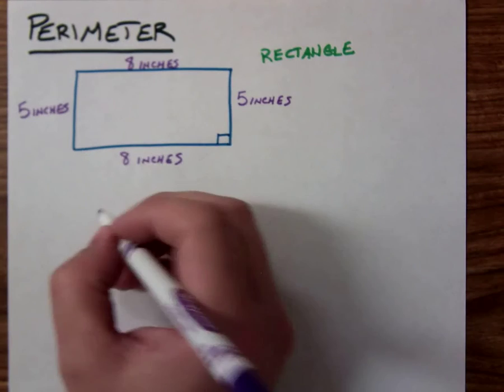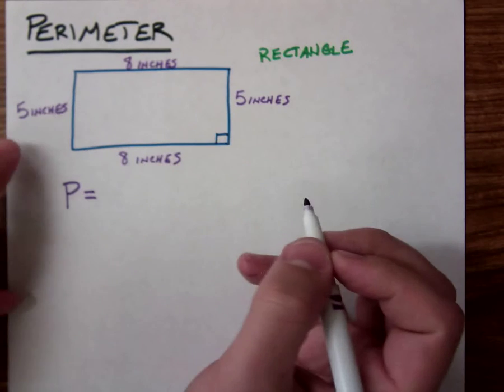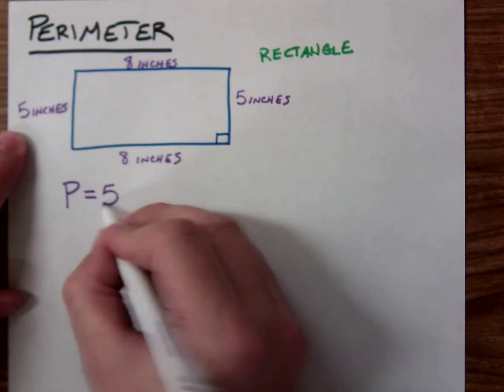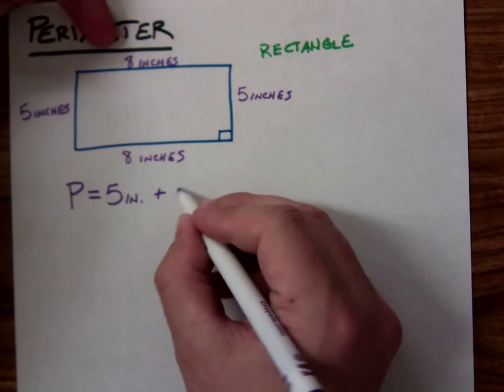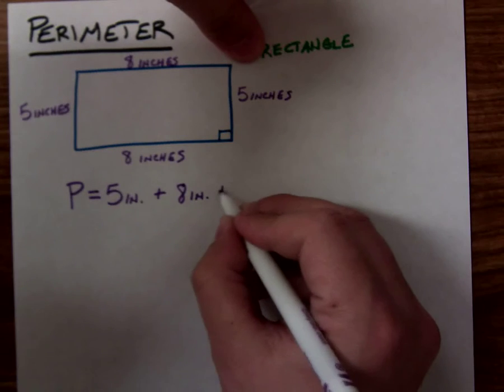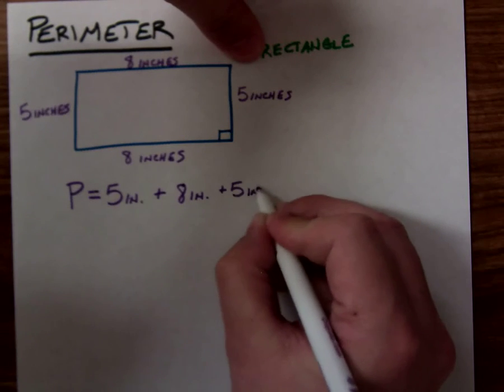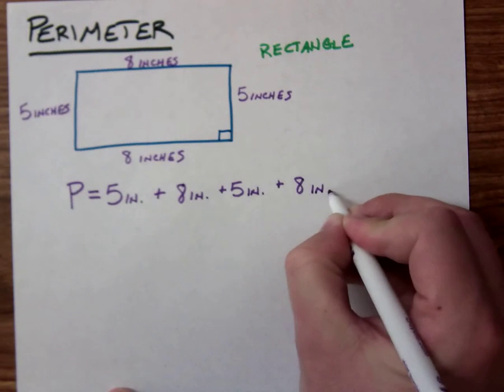So the letter that we use for perimeter typically is P. So the perimeter equals, I'm going to do the left side, which is 5, plus the top, which is 8, plus the right, which is 5, plus the bottom, which is 8 as well.